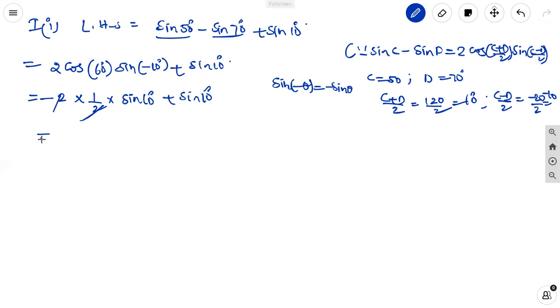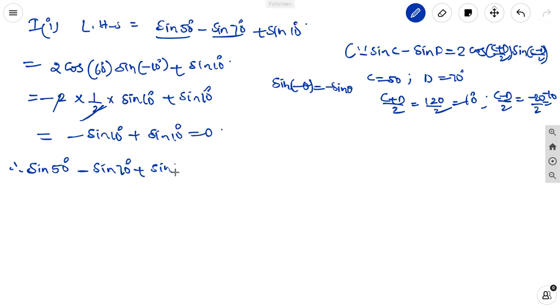The 2 gets cancelled. It is equal to minus sin 10 degrees plus sin 10 degrees, which is 0. Therefore, sin 50 degrees minus sin 70 degrees plus sin 10 degrees is equal to 0. It is the first solution.